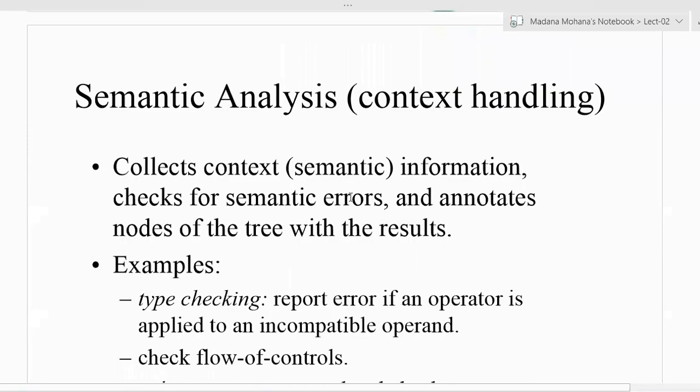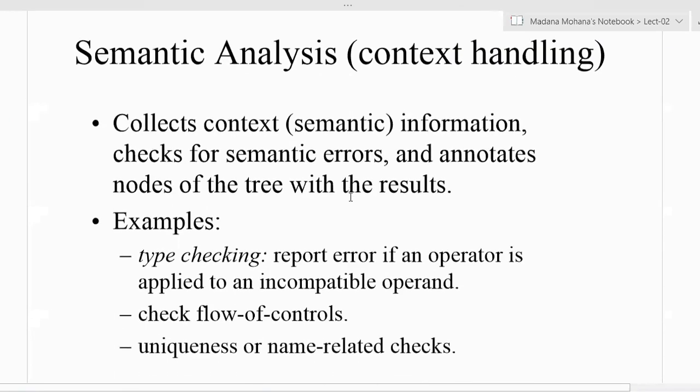Now coming to the third phase, semantic analysis, also called context handling. It collects context, that is semantic information, checks for semantic errors, and annotates nodes of the tree with the results. For example, as I just mentioned, if any node does not contain a meaningful form, it provides that meaning. For example, type checking reports an error if an operator is applied to an incompatible operand.